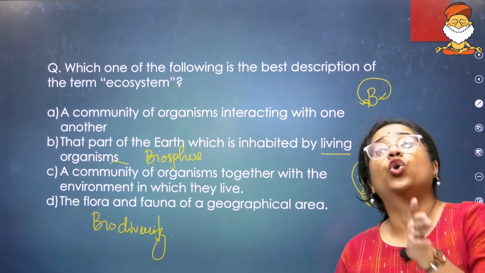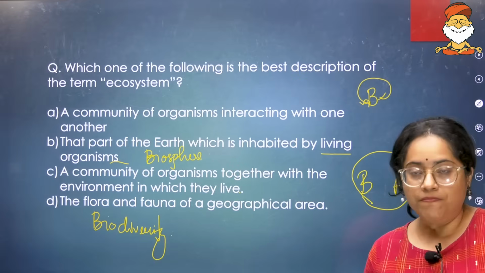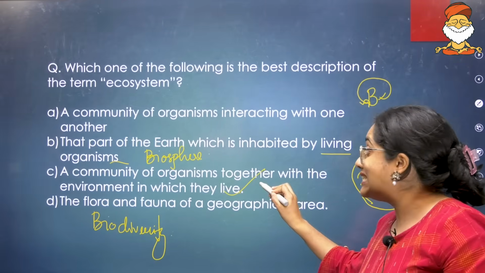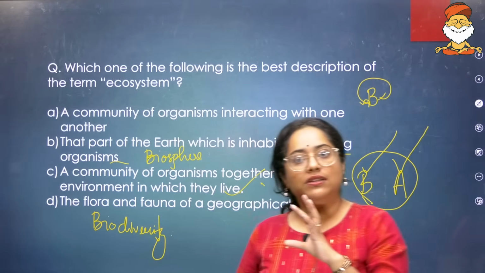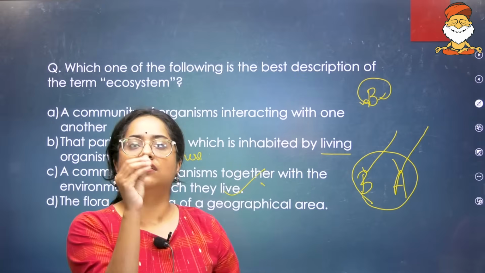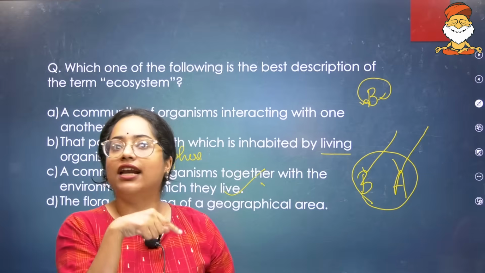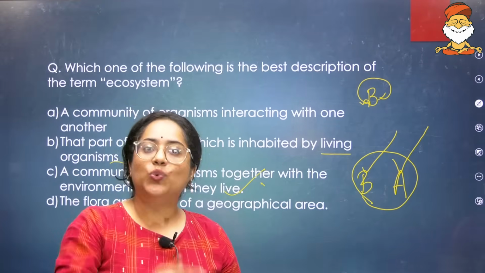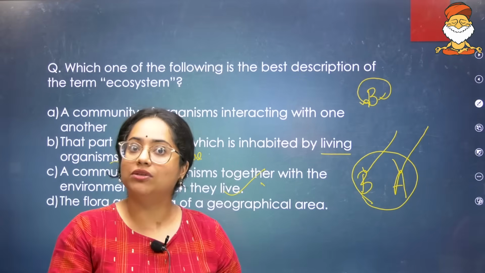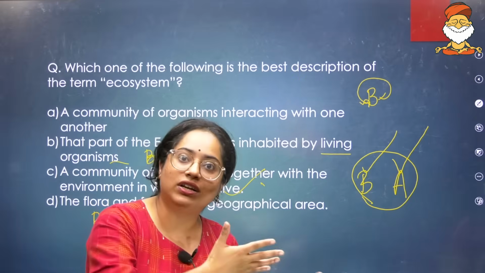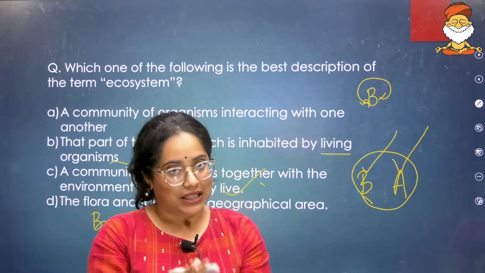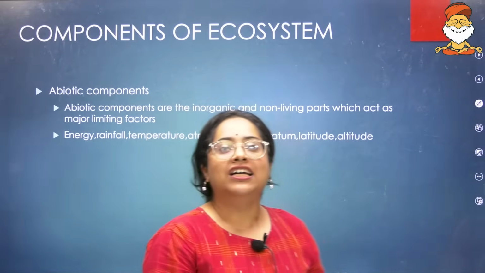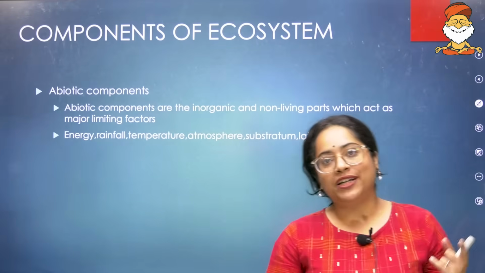The one that's closer to the definition of ecosystem has biotic and abiotic factors, and the answer is C. In A, the problem is they have made it just biotic factors interacting with each other. That does not come closer to the definition of ecosystem, because in ecosystem, one of the first things I told you is that there are biotic and abiotic factors. So I hope by this question, this concept has been clear. Now let's move on to the different components of an ecosystem.